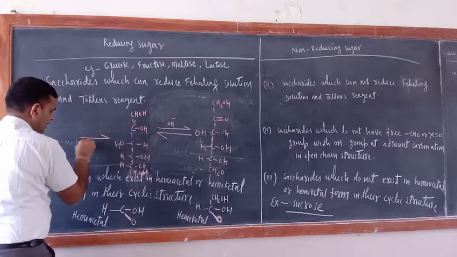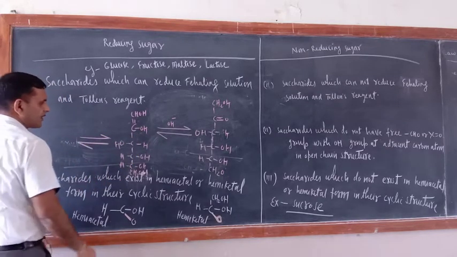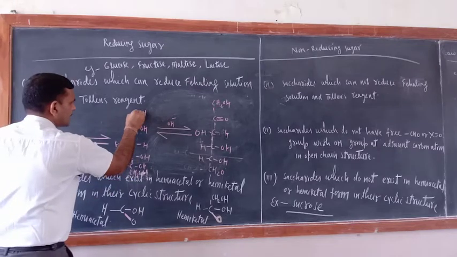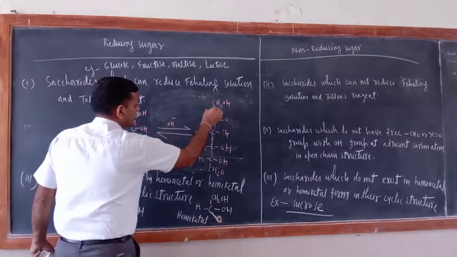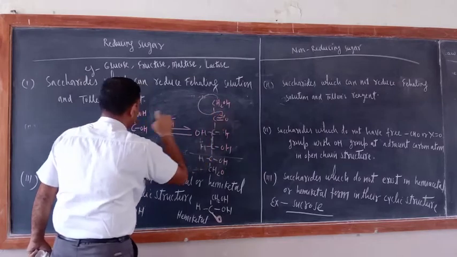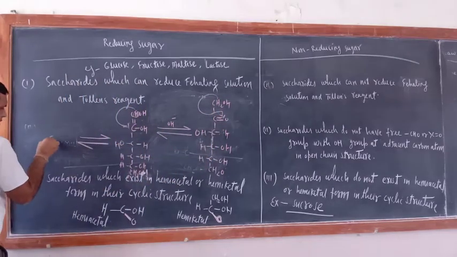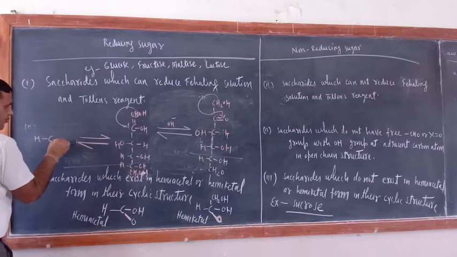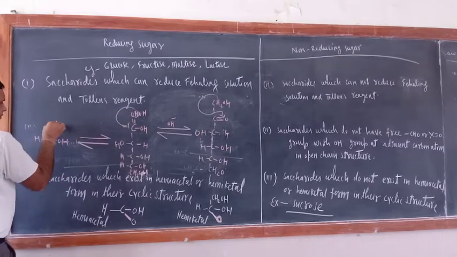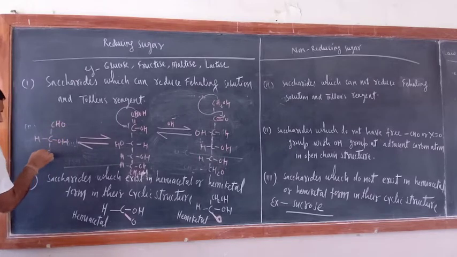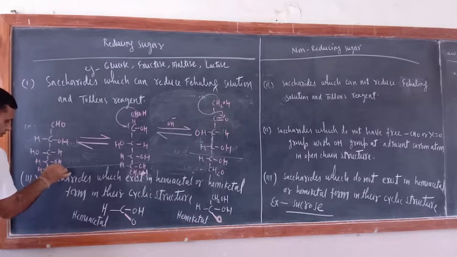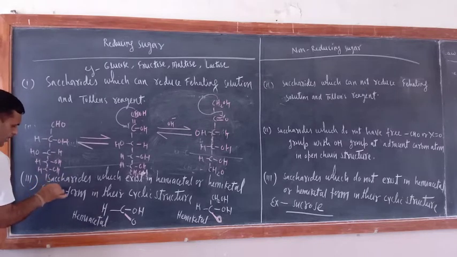Further isomerization would be there. Shift one H here. In this case one H has come here, that is why this form is there. Further, one H you shift here. So now here there would be CH and OH, and at the end CHO. At the rest of the places, OH and H. Here also CH and OH, here C, here H, here OH, here CH2OH.